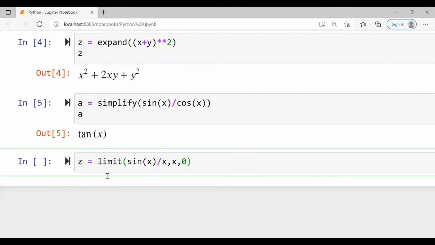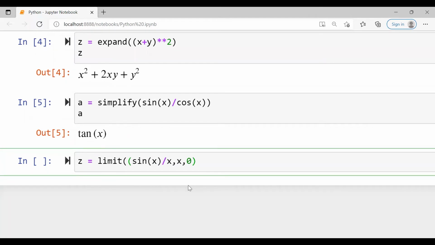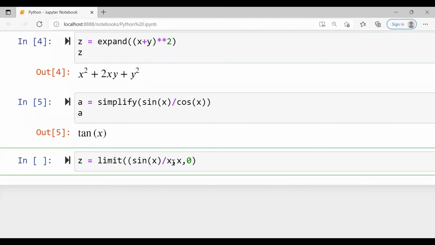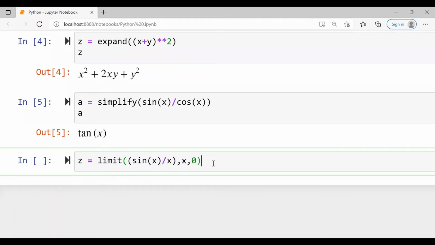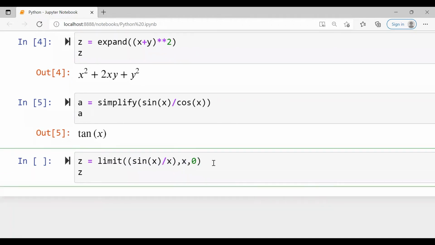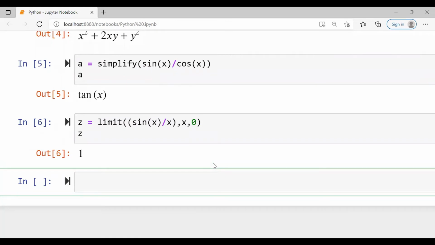So you put sin x by x in brackets, and the limit of the expression is as x tends to 0. So here you have to give the function, and these are the limits, x tends to 0. So let us try to print. You know sin x by x is 1 as x tends to 0.